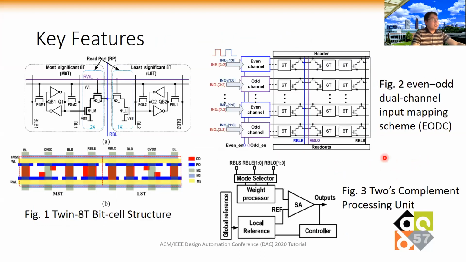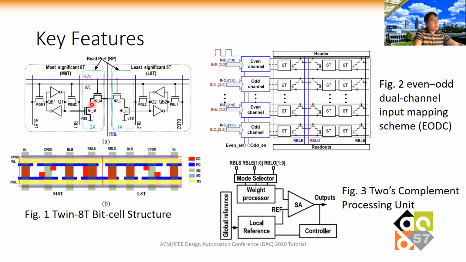And here are some key features of this twin 8T design. So here is a twin of the 8T cell. That means we have two 8T cells, because we can implement the most significant bit and the least significant bit. So those two 8T cells will be combined to the read bitline here by sizing up the transistor of the most significant 8T cells.